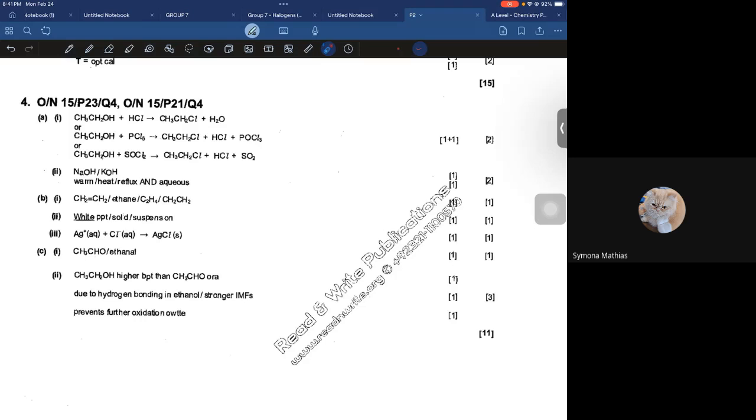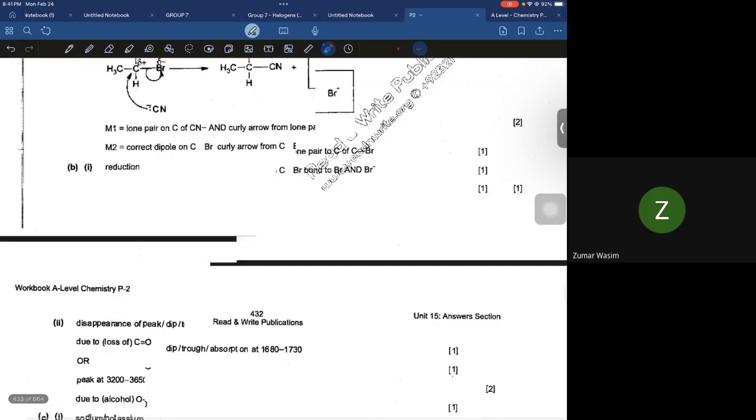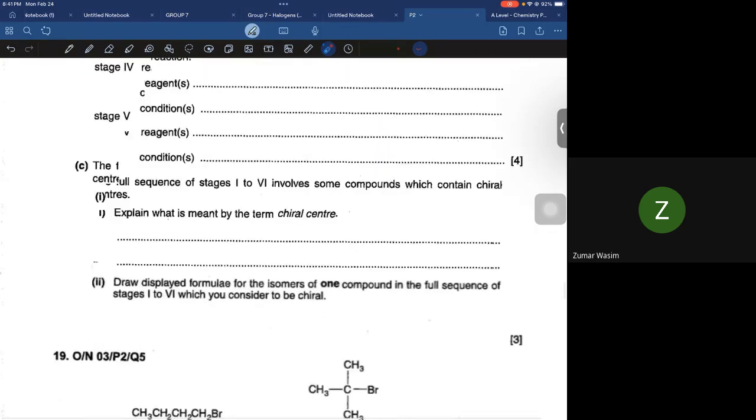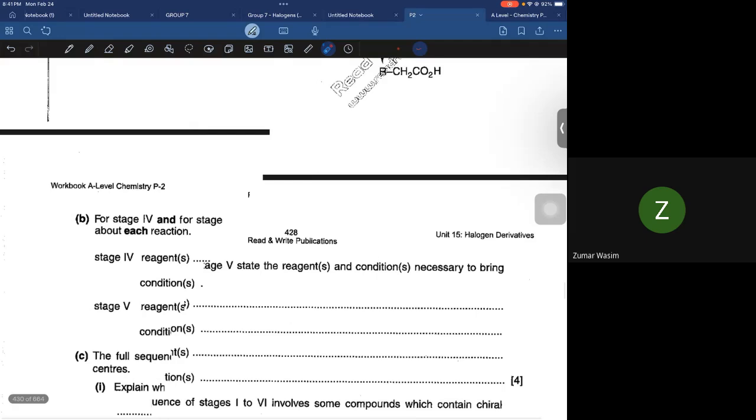Strong intermolecular forces are going to prevent further oxidation, remember. Since your alcohol has a higher boiling point, and why is it having a higher boiling point? Due to stronger intermolecular forces.